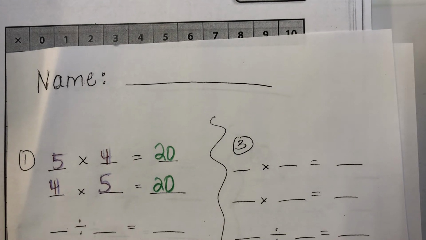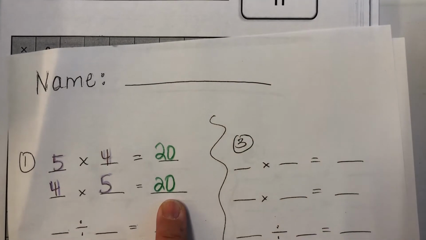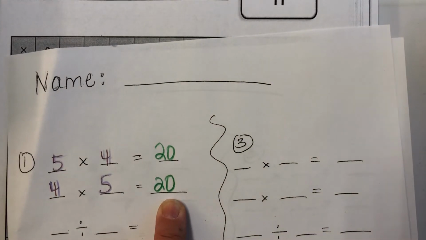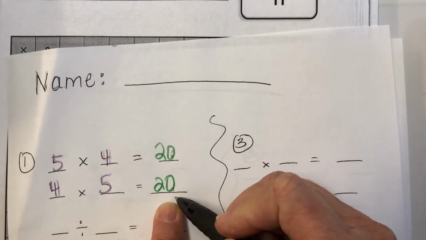All right, now, division. We know division is just the opposite of multiplication, right? So, remember what we learned yesterday, that our biggest number is the answer to our multiplication, and what is it for the division?